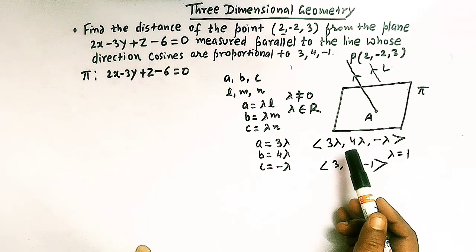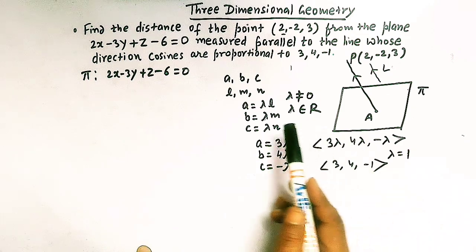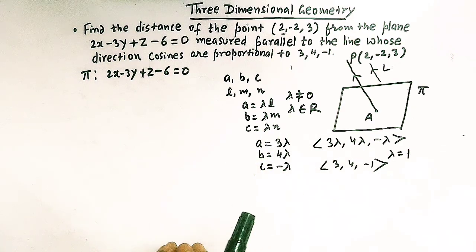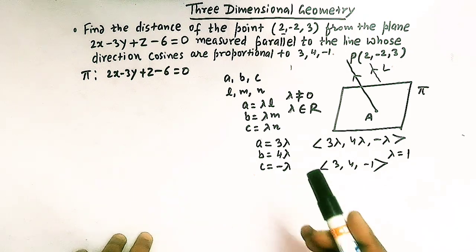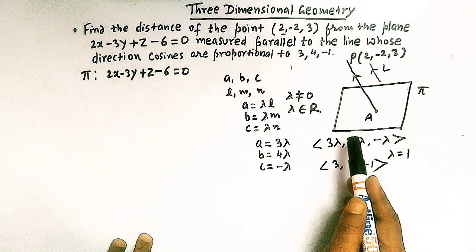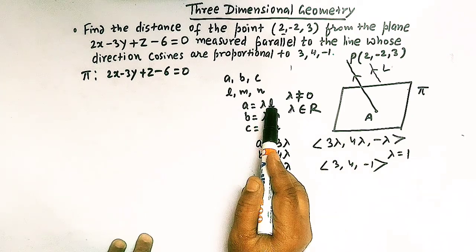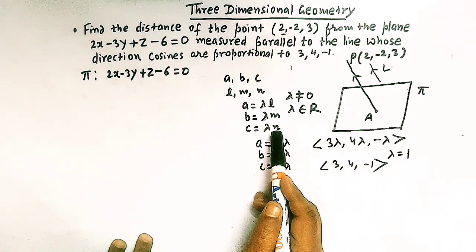Here it is important to note that since λ is a non-zero real number, for any line there are infinitely many sets of direction ratios. When we take λ = 1, then we have a = l, b = m, and c = n.